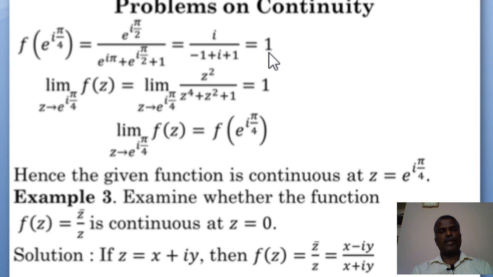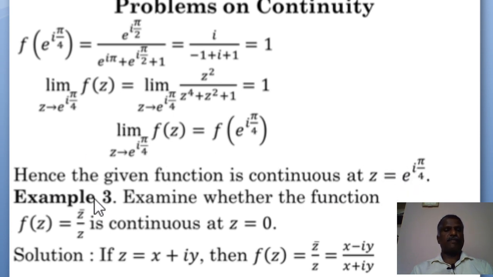Replacing z by e to the power i pi by 4 and applying Euler's formula, that is equal to 1. Finding the limit, the limit is also 1. So the limit is equal to f(e to the power i pi by 4), hence the given function is continuous at z = e to the power i pi by 4.